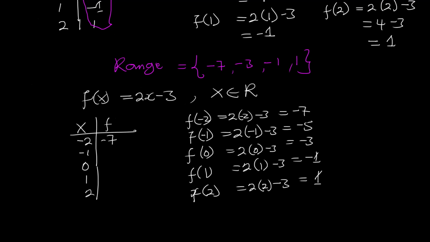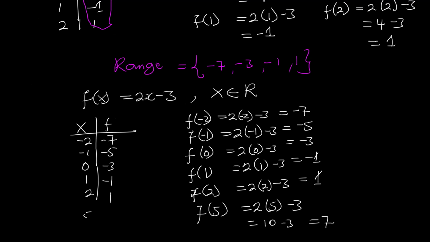So here we have -5, -3, -1, and 1. If we continue, say we plug in 5, this will be equal to 2 times 5 minus 3, and that is equal to 10 minus 3, which gives us 7.